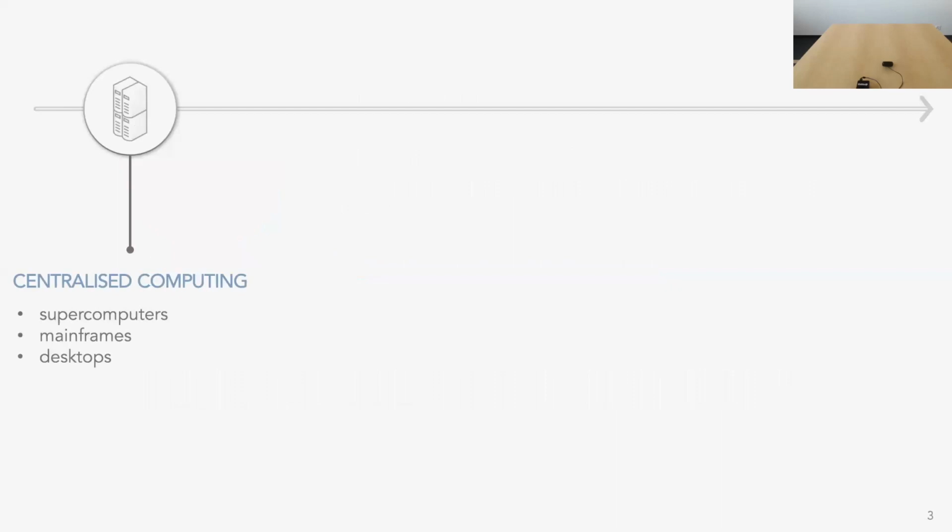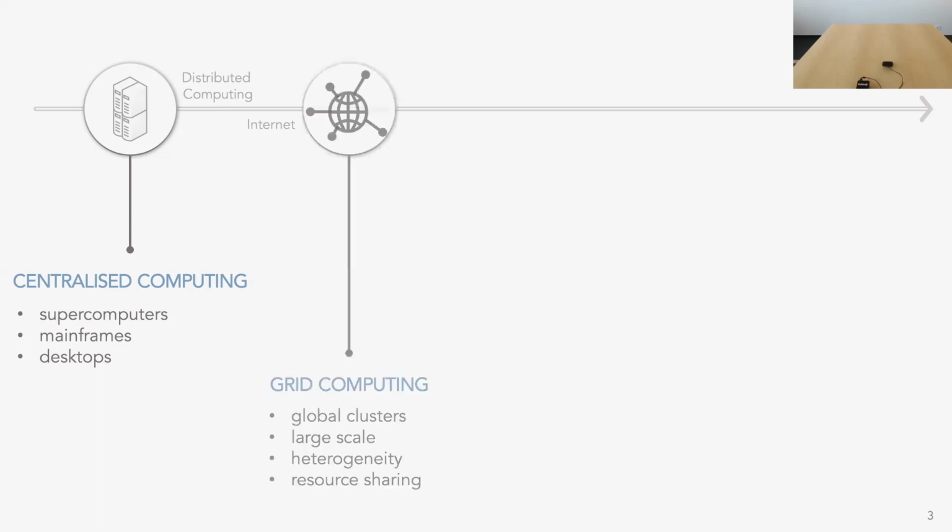If you remember, not too long ago, the big thing was centralized computing. We had supercomputers, we had mainframes. Then with the capability of doing distributed computing, and when the internet was born in '89, we had the capabilities to start doing grid computing.